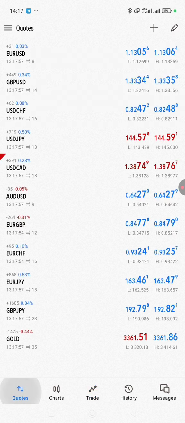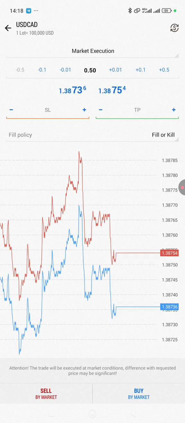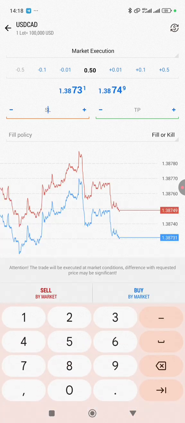Now let me quickly do, for that same instrument, a buy execution, because they run the same. The only difference is the button you click at the bottom of your MetaTrader screen, either buy or sell. So for a buy order, just like I said earlier, you are buying at a lower price to sell at a higher price.